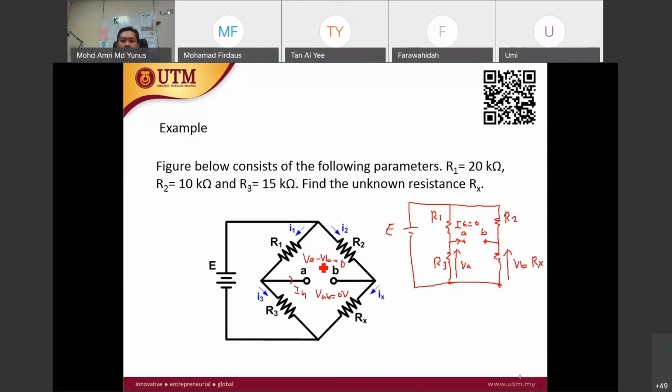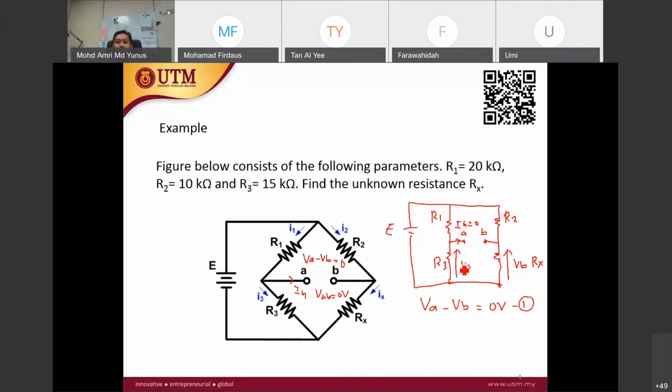Remember, VA minus VB equals 0. There is no deflection on the galvanometer, or the circuit is in balance. That's the first relationship that you need to know.